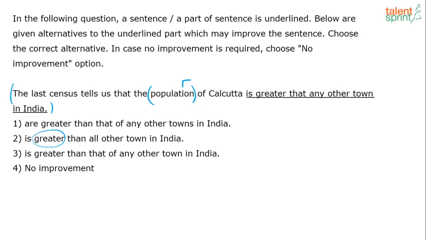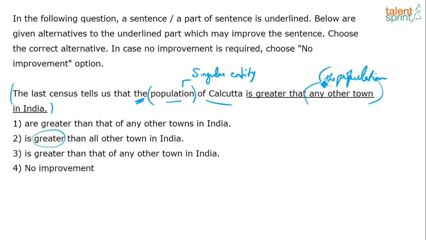The last census tells us that the population, we rely on the definite article "the" being specific, and we look at it as a singular entity here. So, the population of Calcutta is greater than any other town in India. Population is not compared directly to any other town. The population of Calcutta is compared to the population of any other town.